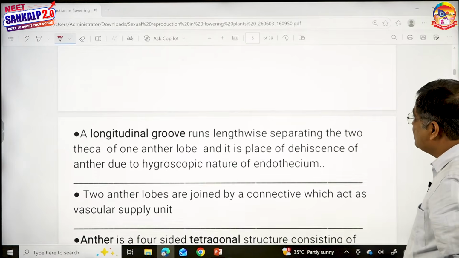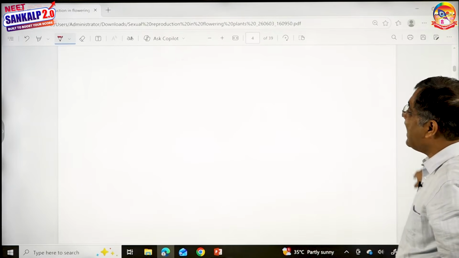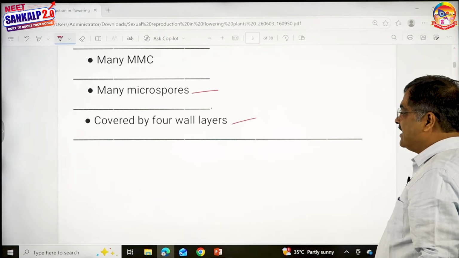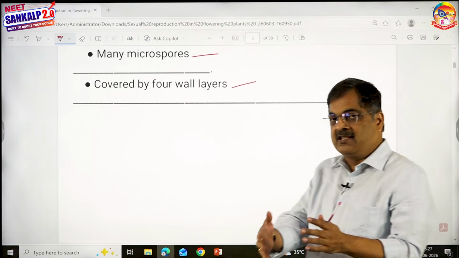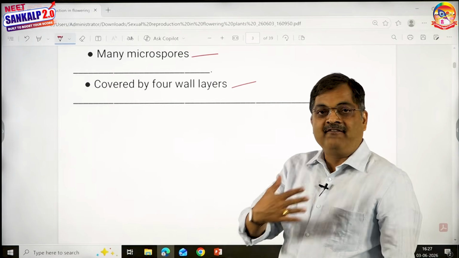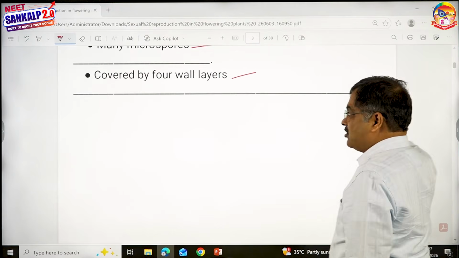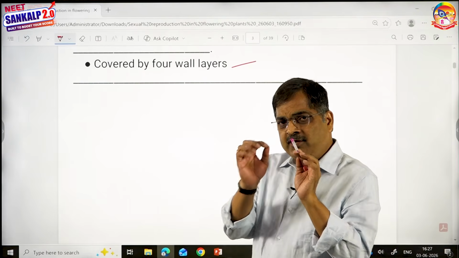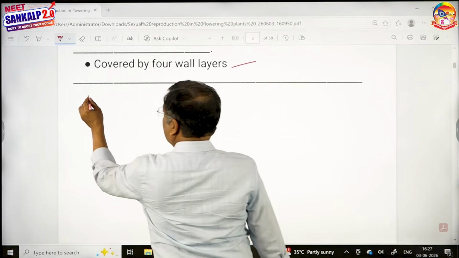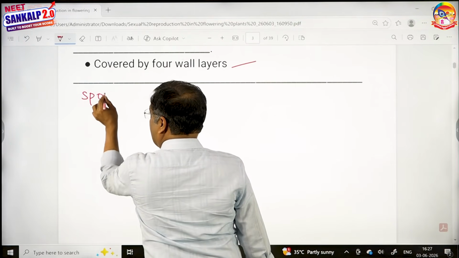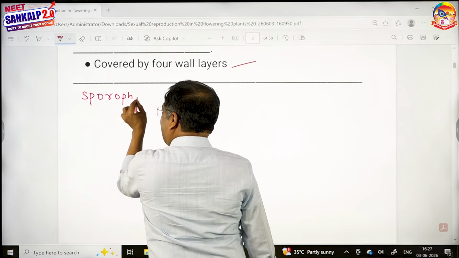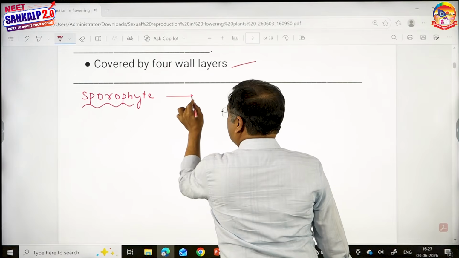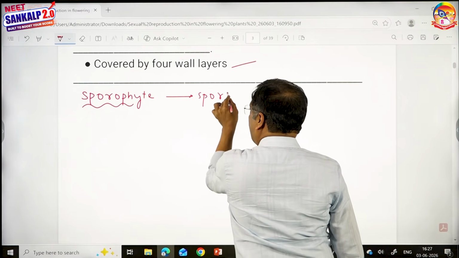All right, now let me explain how the stamens are going to produce the pollen grains and sperms. Ultimately, the stamen is a male sex organ. Let us see how it produces pollen grains. So remember, children, in the Plant Kingdom chapter, I told you a small table. I said sporophyte, and I told you the job of the sporophyte is to produce sporophyll.